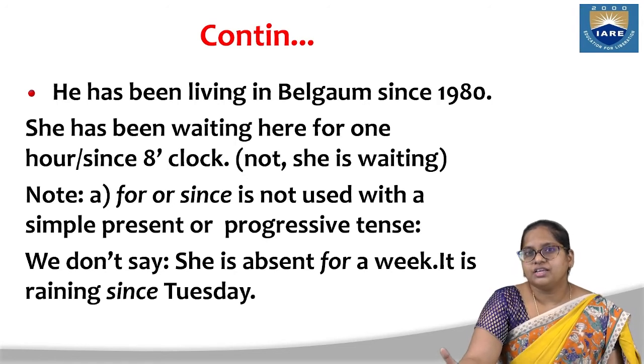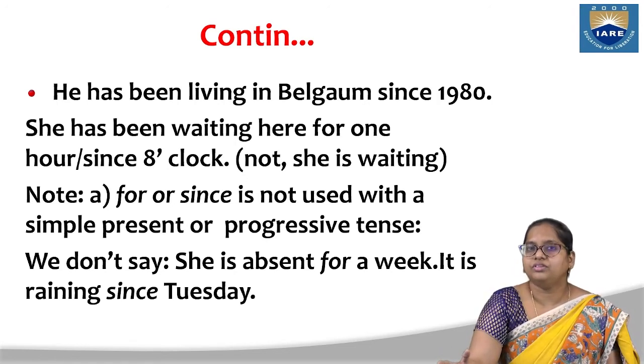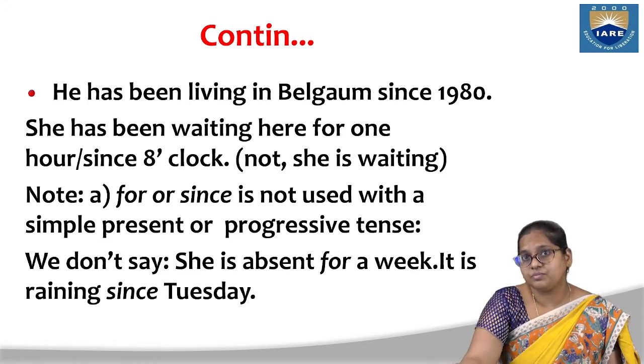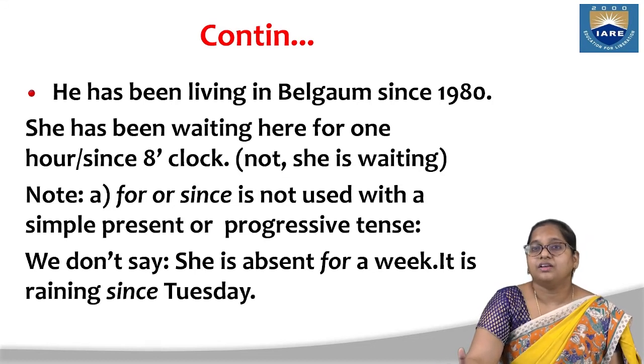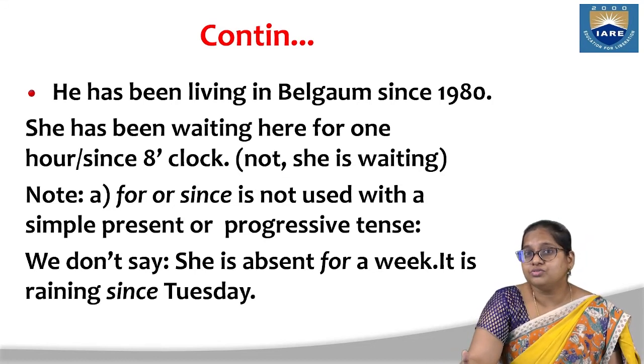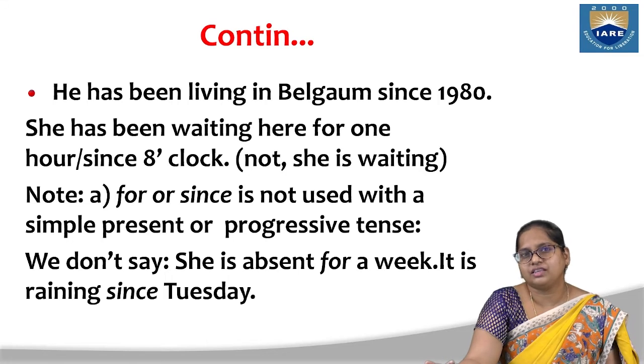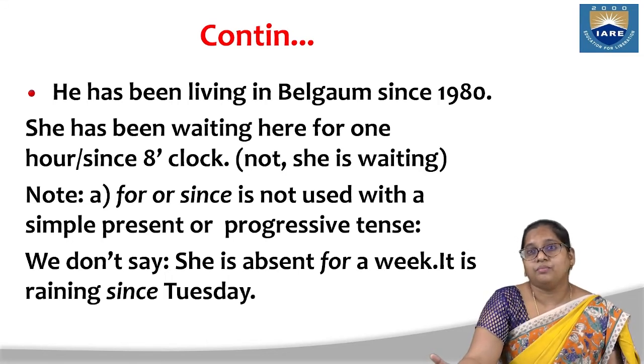Either you don't use this one or that. Both since and for should not be used with simple present or progressive tense. We have to be very careful when using these two prepositions. Many times, I hear students saying, "Ma'am, she was absent for many weeks," or "She is doing it since so and so."